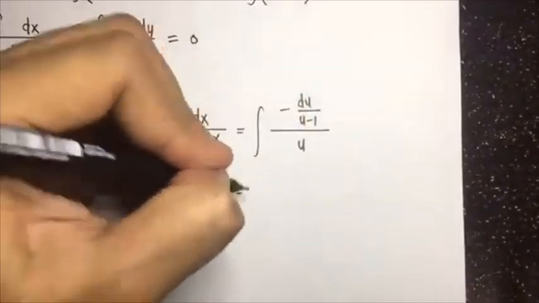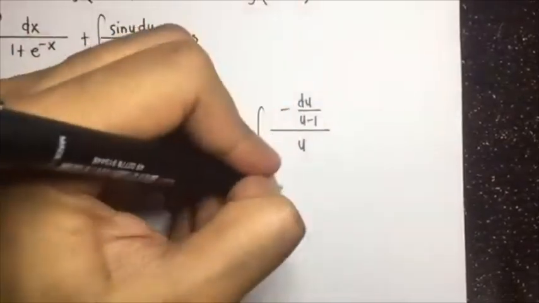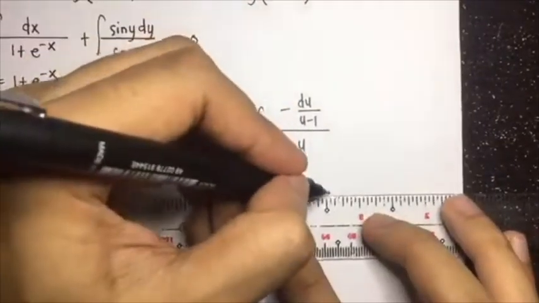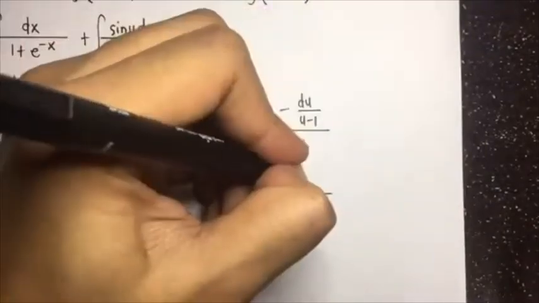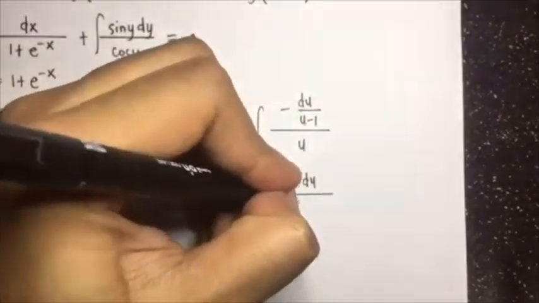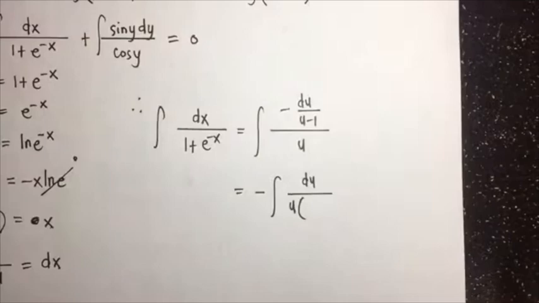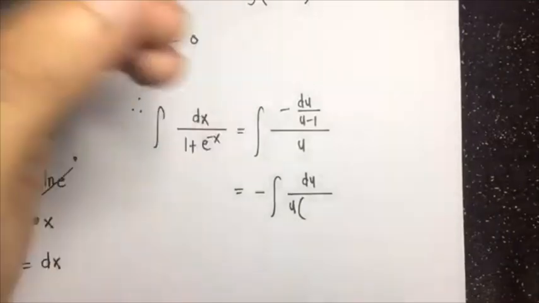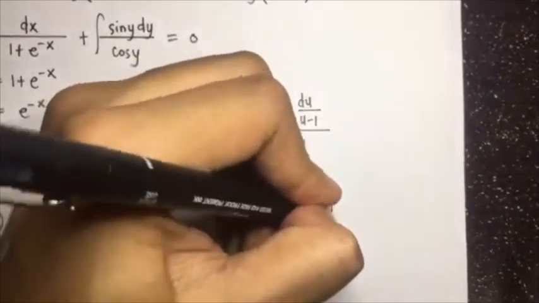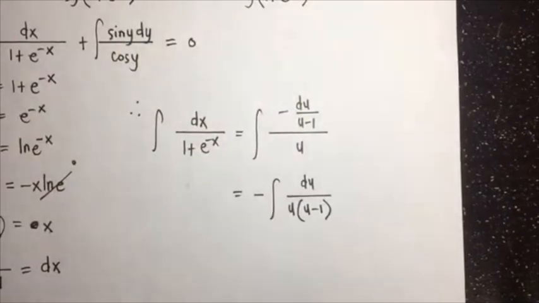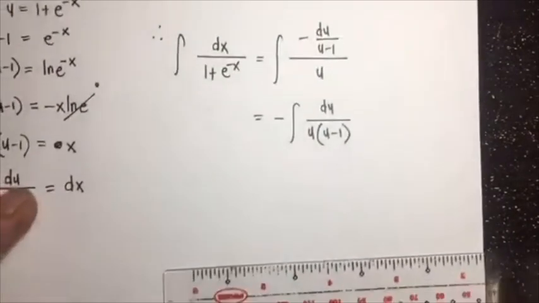Taking out the negative sign, this becomes negative integral of du over u times u minus 1. So how do we integrate that? By partial fraction decomposition.